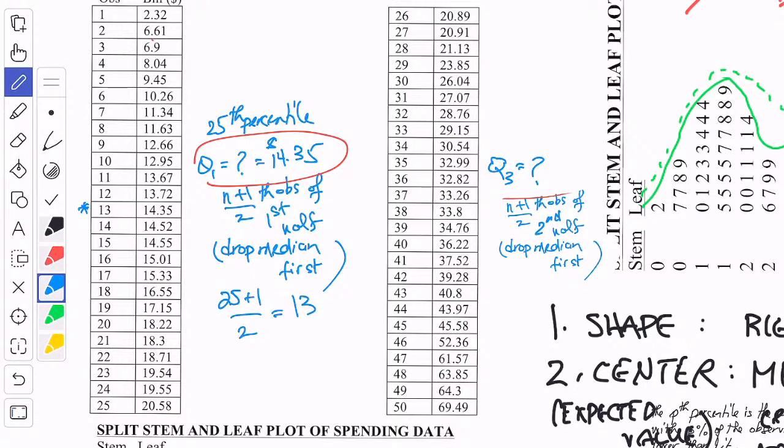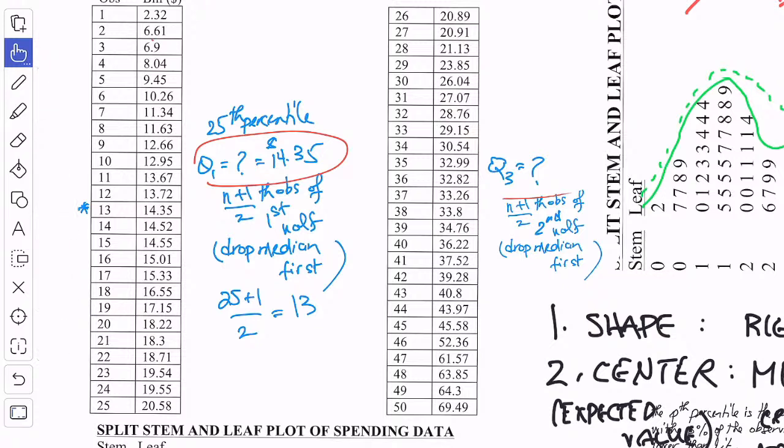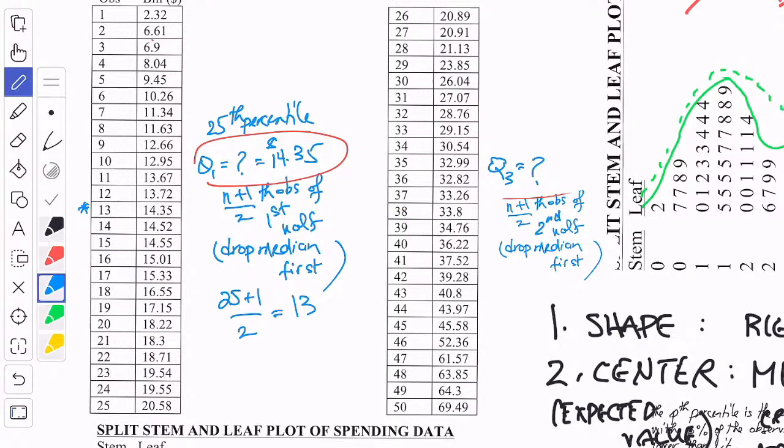Okay, so we're going to do the same thing for the second half, and it just works out to be this one here. This will be the 13th observation right in the middle. 1, 2, 3, 4, 5, 6, 7, 8, 9, 10, 11, 12, 13, right? So this will be the 38th, the middle observation.